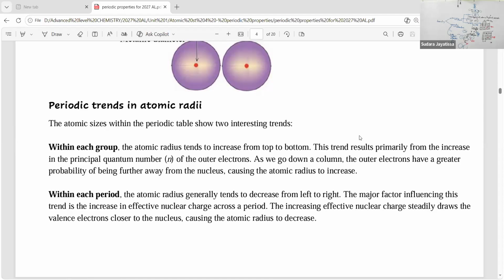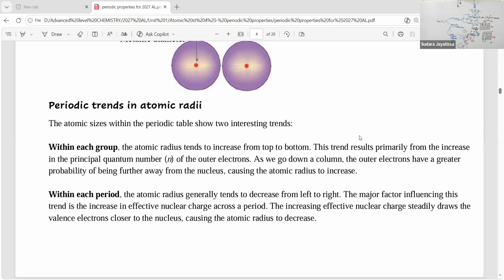So we highlight first the increase from top to bottom. And what is the reason for that? The increase in the principal quantum number. If they ask for a reason, that is what you need to give. As we go down a column, the outer electrons have a greater probability of being further away from the nucleus, forcing the atomic radius to increase.